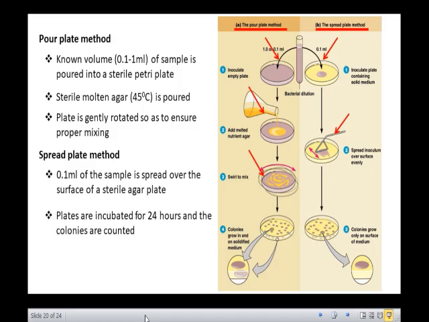Finally, the plates are incubated for 24 hours and the colonies are counted. In the case of pour plate method, the colonies grow in and on the medium, but in the spread plate method, colonies grow only on the surface of the medium.